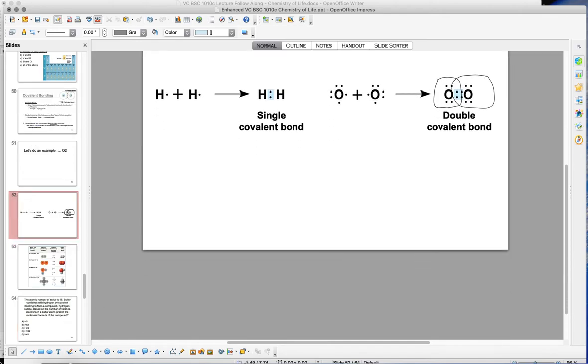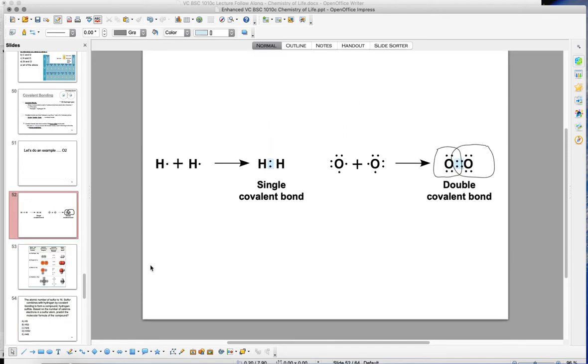Okay, and then nitrogen, I thought I had nitrogen in here. Nitrogen is a triple covalent bond. So let's see if I can easily draw this one out. 1, 2. So each of these are little bonds. 1, 2.